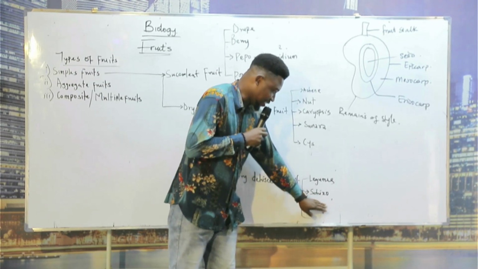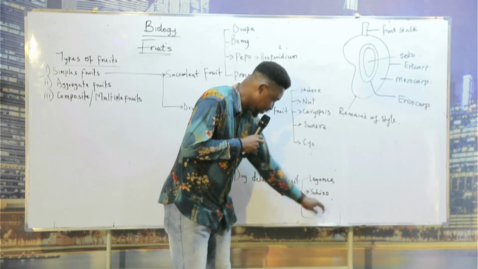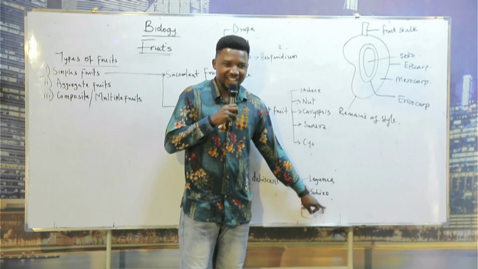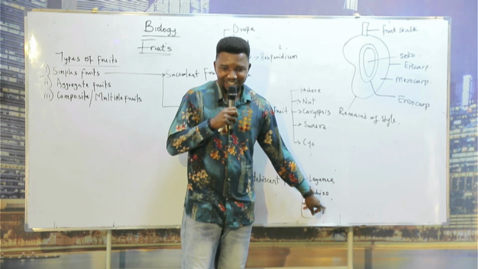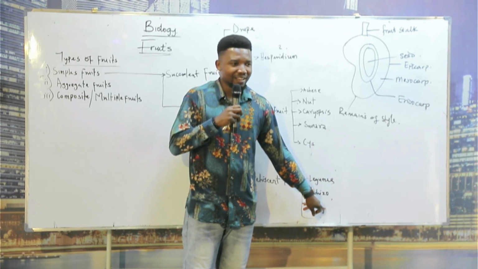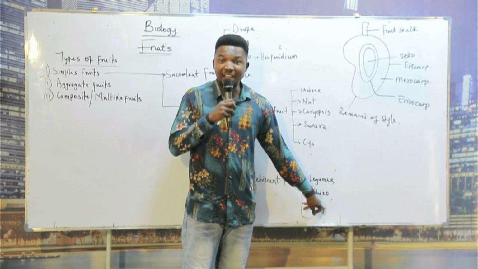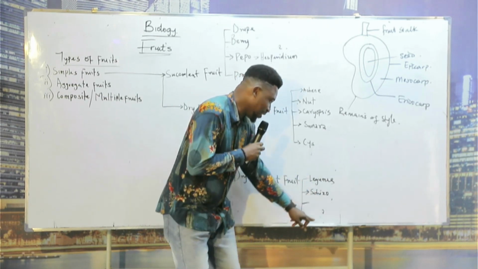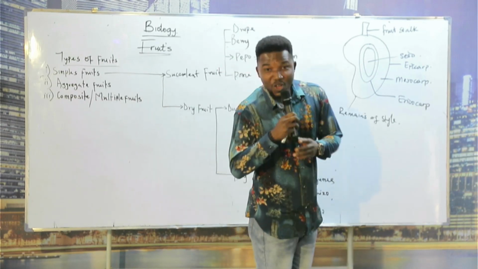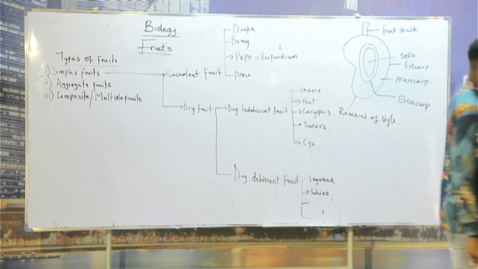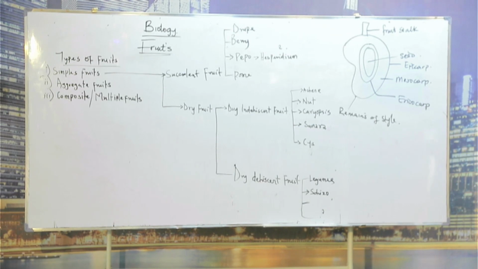Which other one here? Follicle. Follicle, abi. Then which one is here? Capsule, right? It's not easy. You understand? Then you will know.